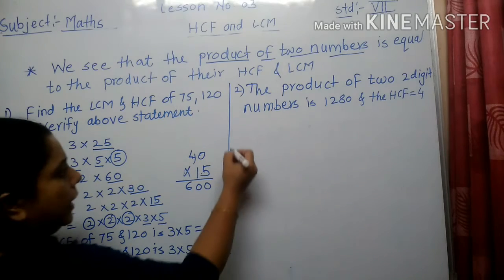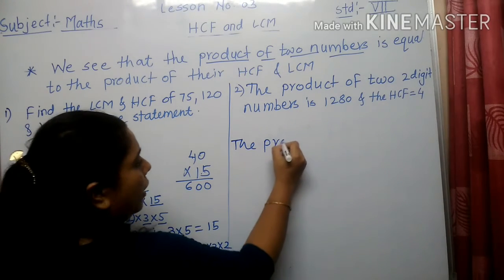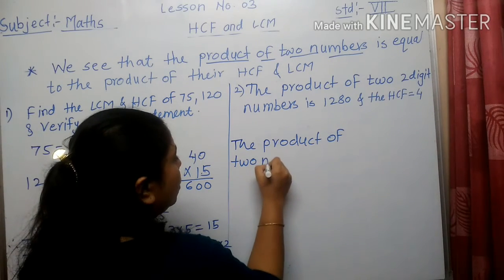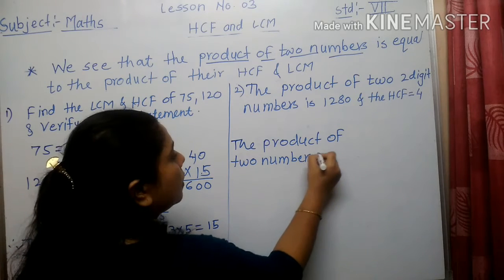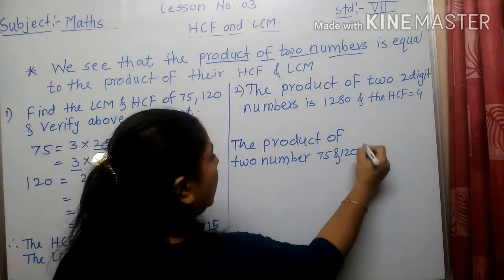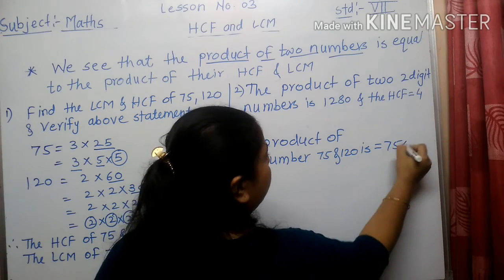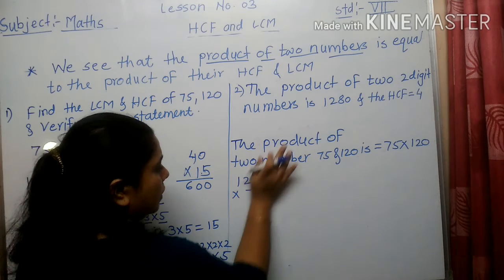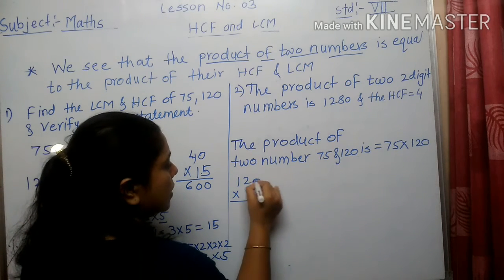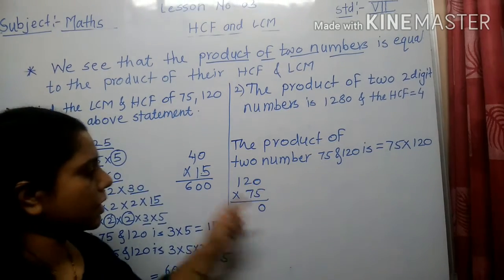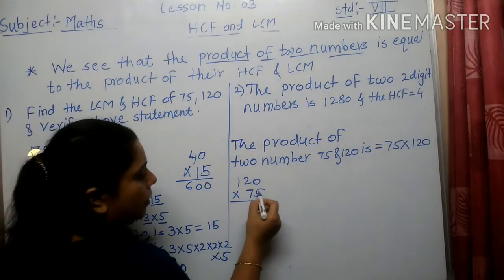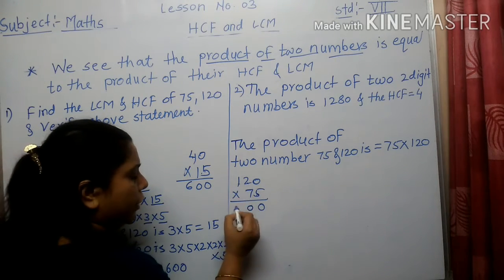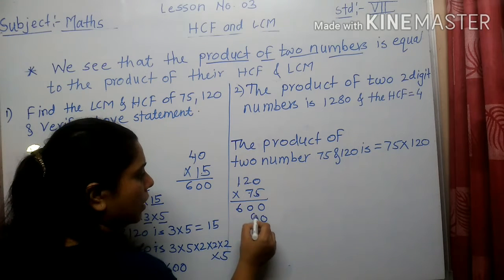Understood? Now we will write down the product of the two numbers, 75 and 120. 75 into 120. How much is it? I am putting the 0 over here. Then 5 twos are 10, 1. 5 ones are 5, 5 plus 1 is 6. 0, 0.